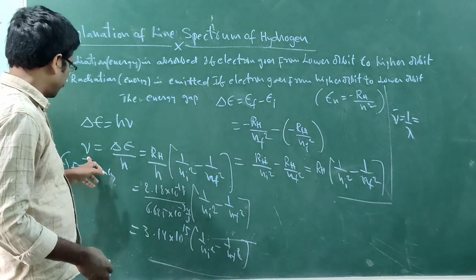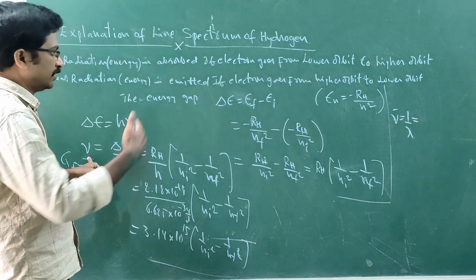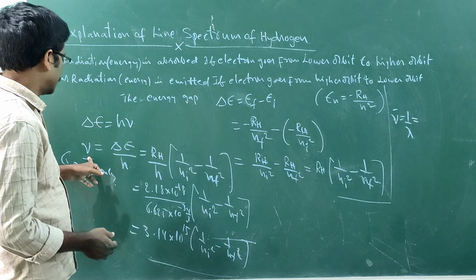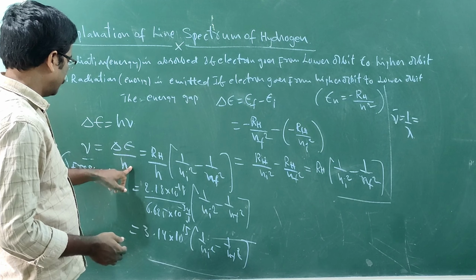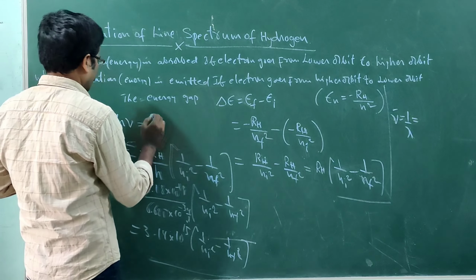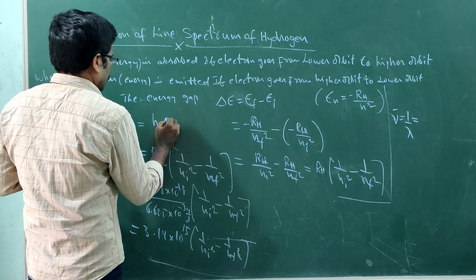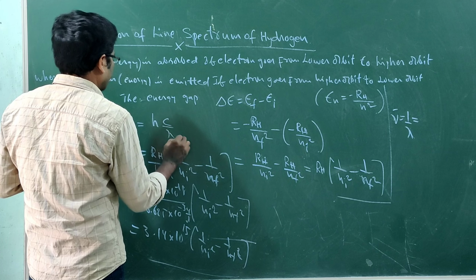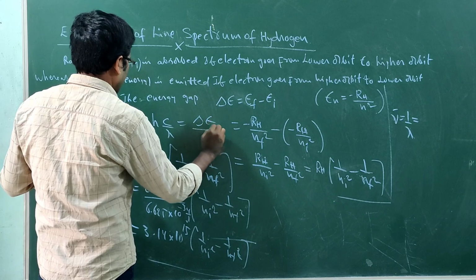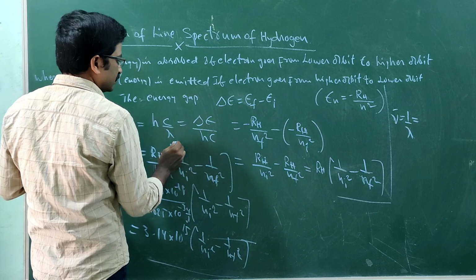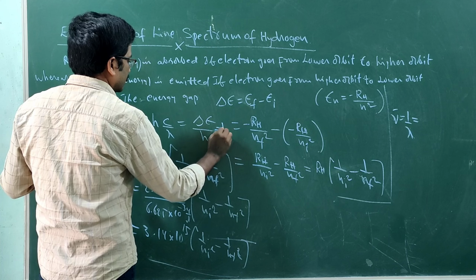The relation between this and nu bar: we may write that nu is equal to c by lambda, so we are getting del E by hc equals 1 by lambda.